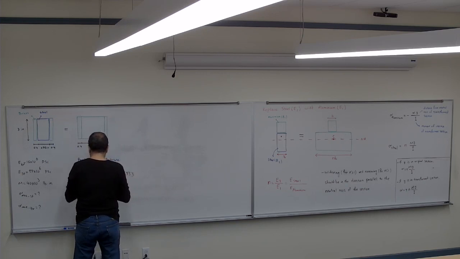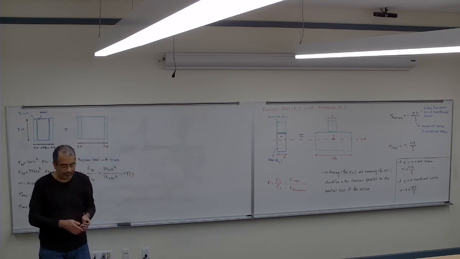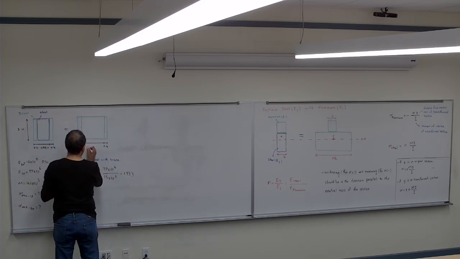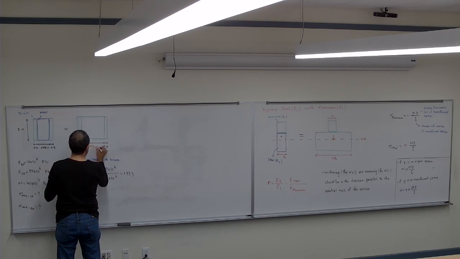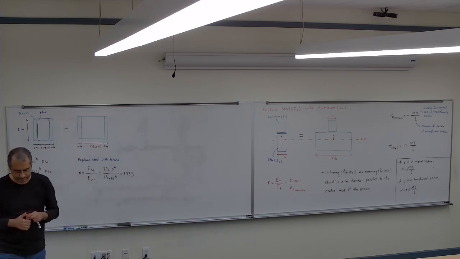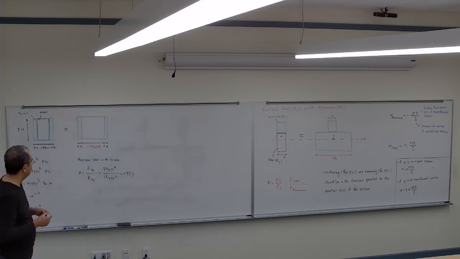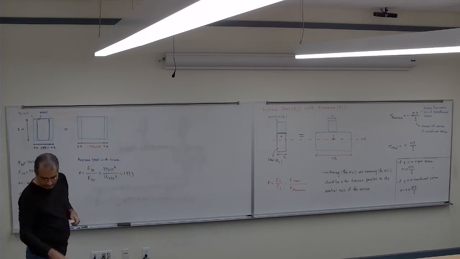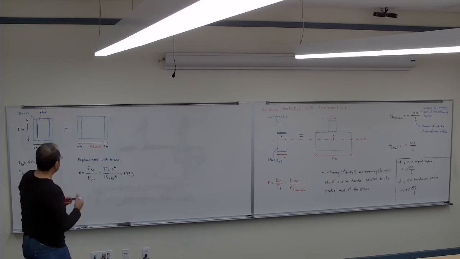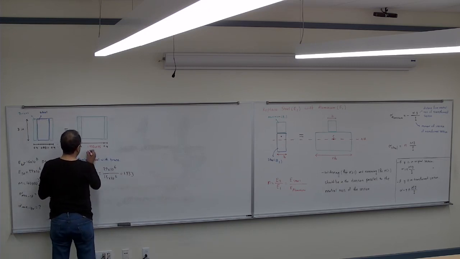1.933. So here, this part is going to be 1.933 multiplied by 0.75, which would be equal to 1.45.